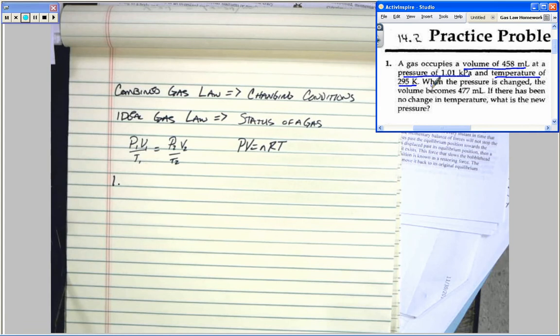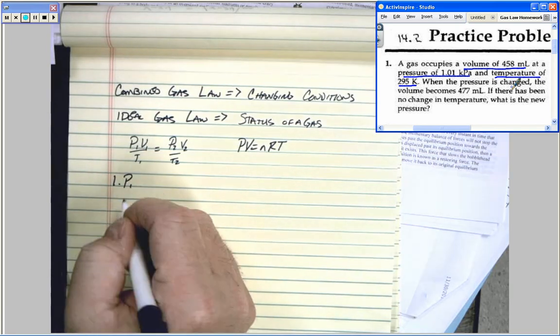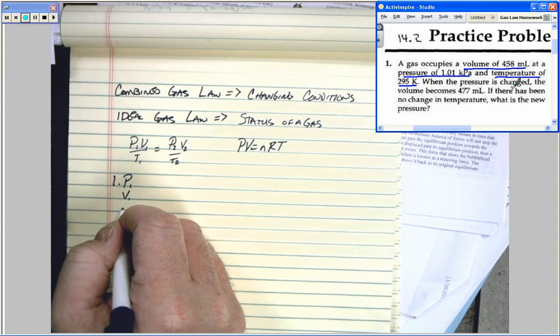Okay. Then, when the pressure is changed, there's our change, that's going to establish a new set of conditions, right? So we want to find out what our initial set are and what our final set are. So we're going to start with P1, V1, and T1.